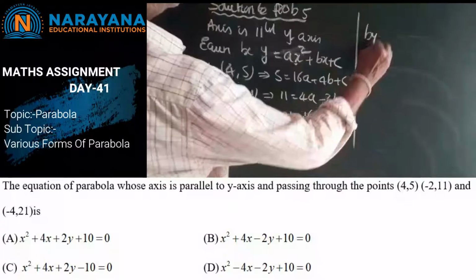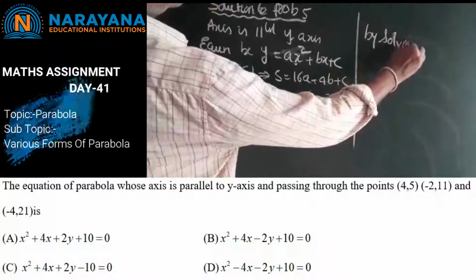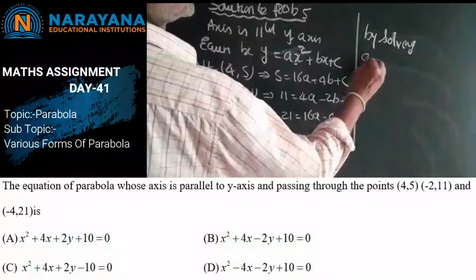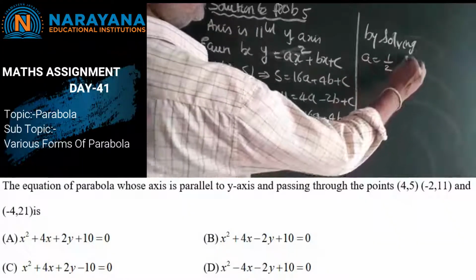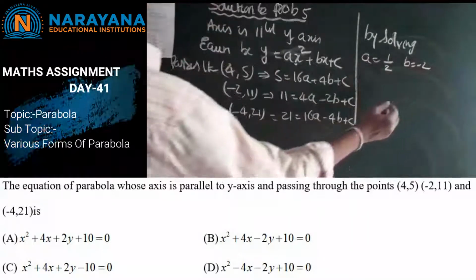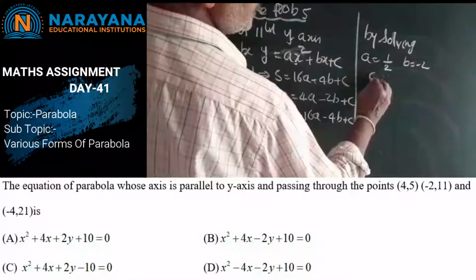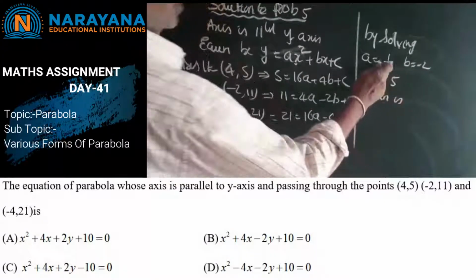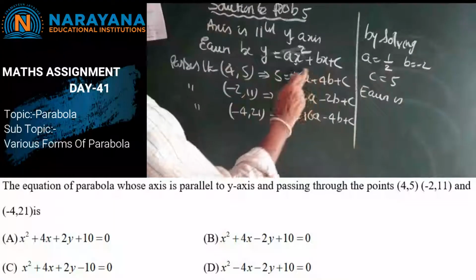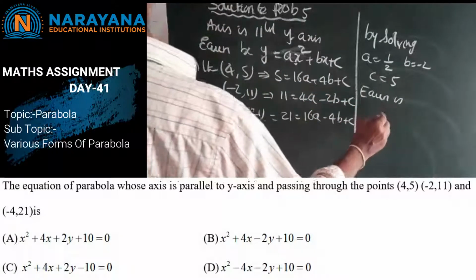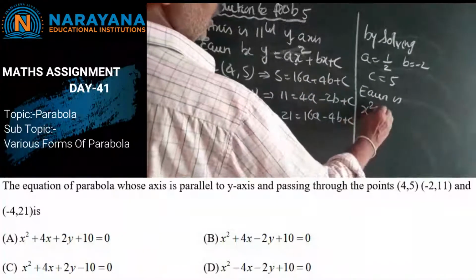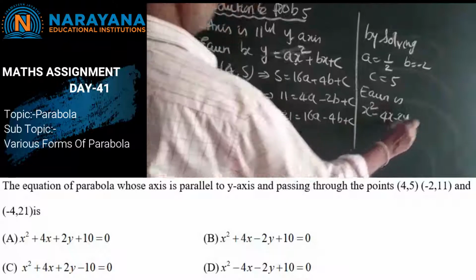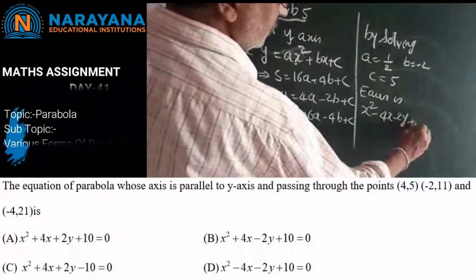By solving, we can get a = 1/2, b = -2, and c = 5. So by substituting a, b, c in respective places, we can get the equation of that parabola as x^2 - 4x - 2y + 10 = 0.